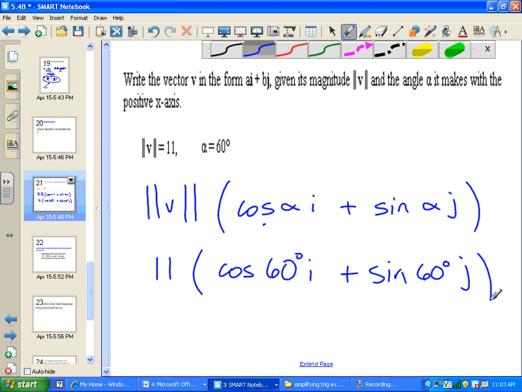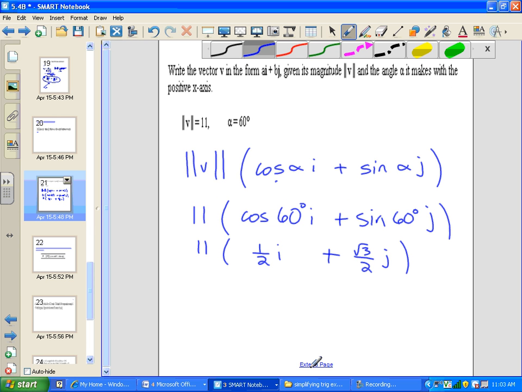Now, these are values that we know, right? Okay. So what's the cosine of 60 degrees? Half. Okay. Right. So we get 11 times 1/2 i plus. Now, what's the sine of 60 degrees? The square root of 3 over 2. Square root of 3 over 2 j.